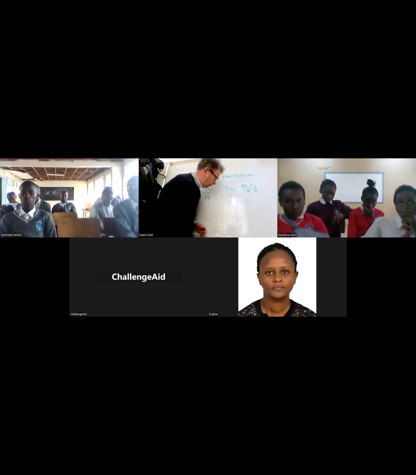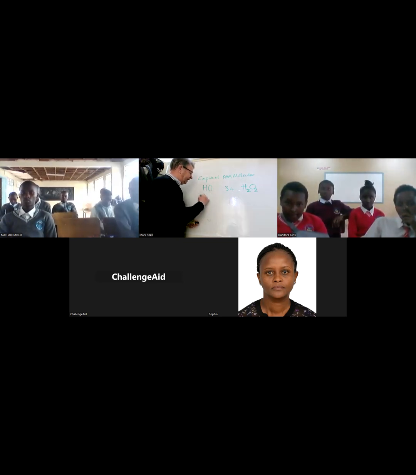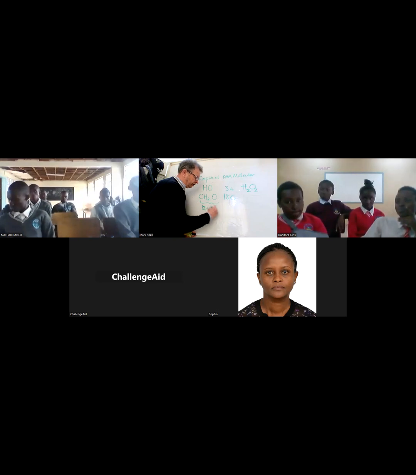Let's have another example. So let's have one which works out as CH2O, but the RMM is 180. Well, if I work out what this weighs, this is 1 carbon, 12, and 2 hydrogens, 2, and 16, and that is 16, 18, 30.